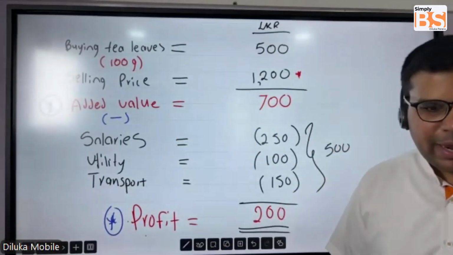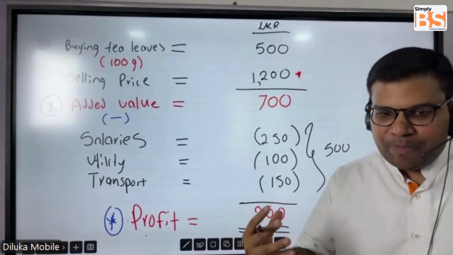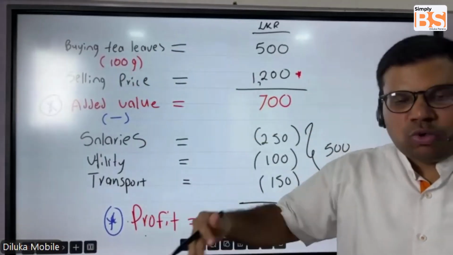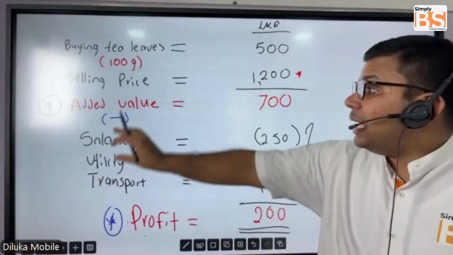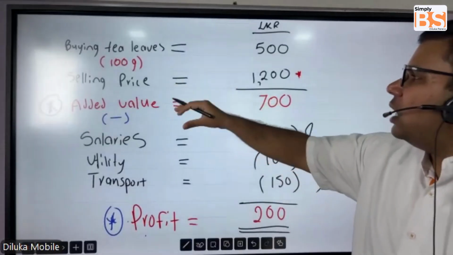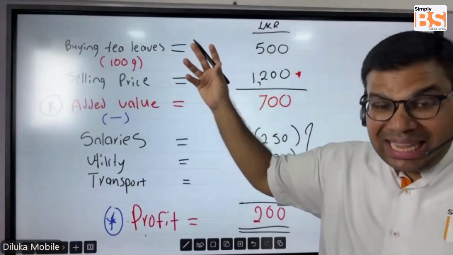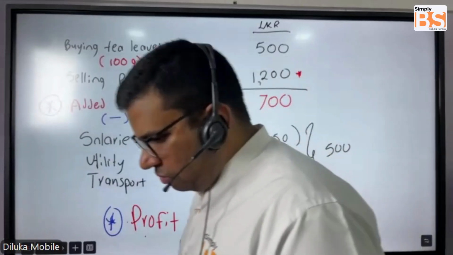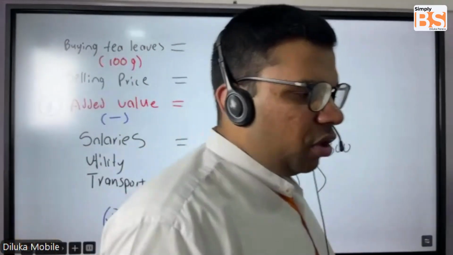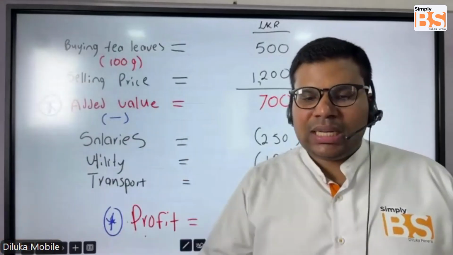Now, if you look at this very clearly, students, you can see the difference between added value and profit. Those are two different concepts. In added value, from the selling price, we deduct the inputs of production, the cost of inputs that you use for production, which includes raw materials and other components.